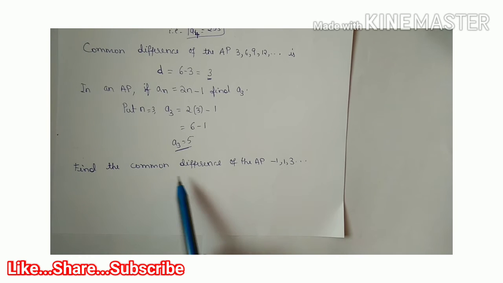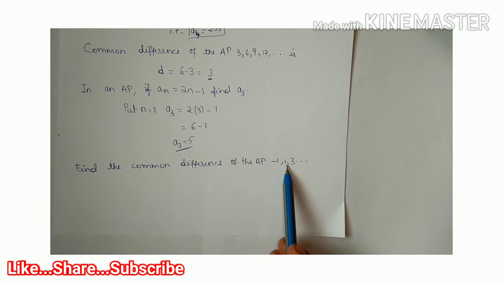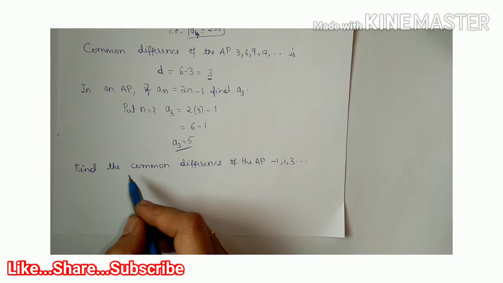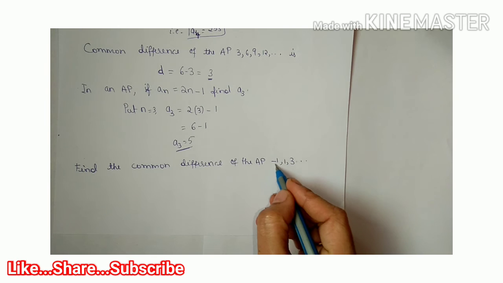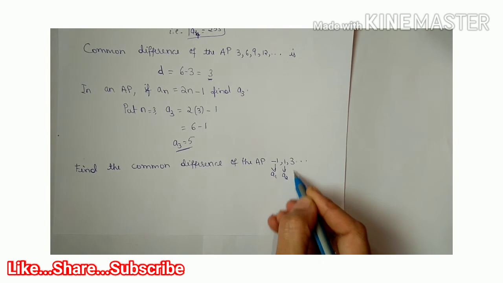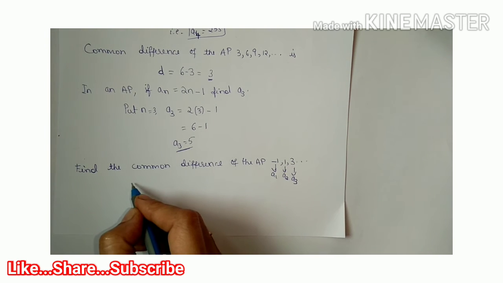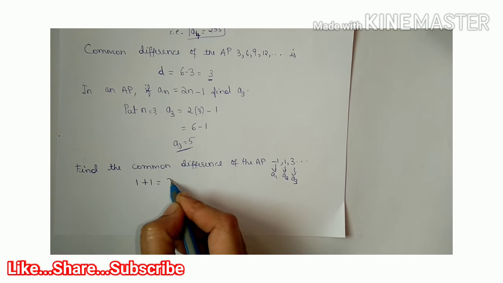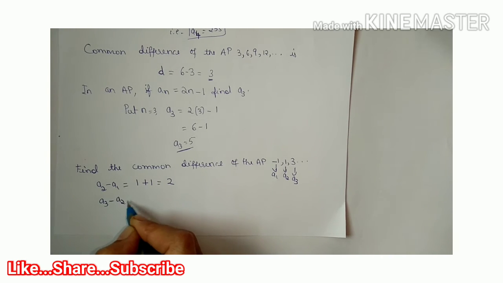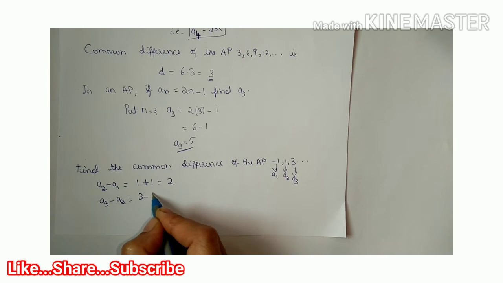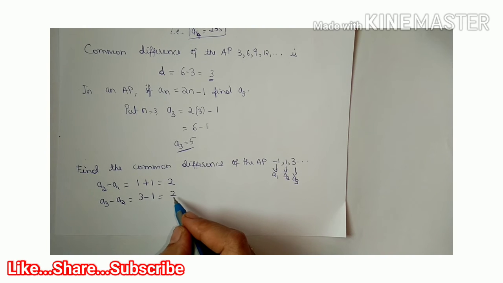Next example. Find the common difference of the AP minus 1, 1, 3. Difference between any two consecutive terms. a2 minus a1. a1, a2, a3. a2 minus a1, 1 minus minus 1, that is plus 1, is 2. a3 minus a2, 3 minus 1, 2.